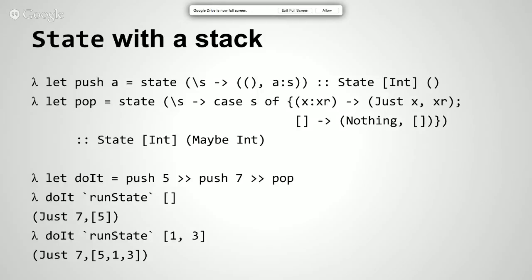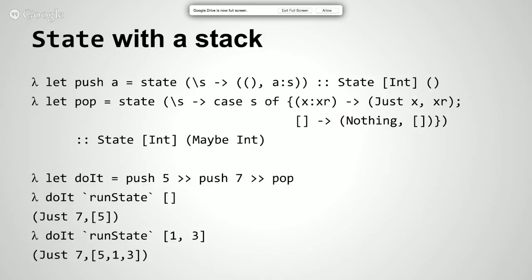And if you take that doit action and you run it on the state, which is the empty list, you get the updated state, which is a list with 5 on it. There's one thing that's been pushed on the stack and hasn't been popped. And you get the result of that pop, which is just 7.